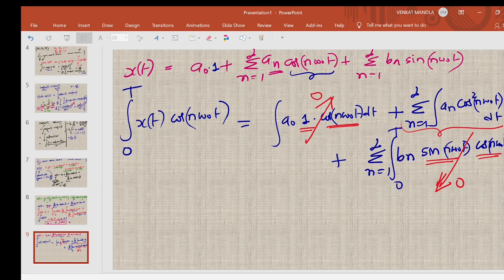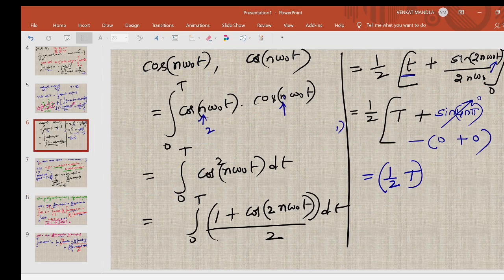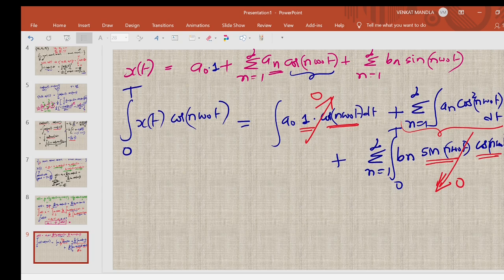We replace cos square n omega naught t by (1 plus cos 2 n omega naught t) by 2. Integrating cos n omega naught t times cos n omega naught t, you will get T by 2 for one period. That I will replace here: an into T by 2.